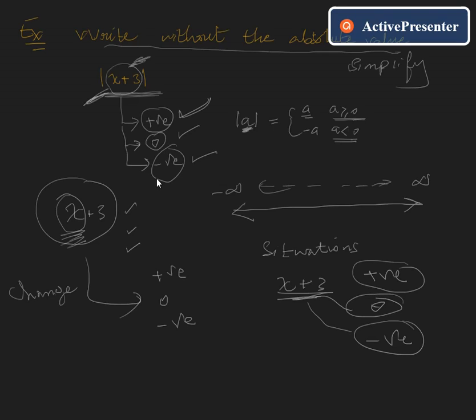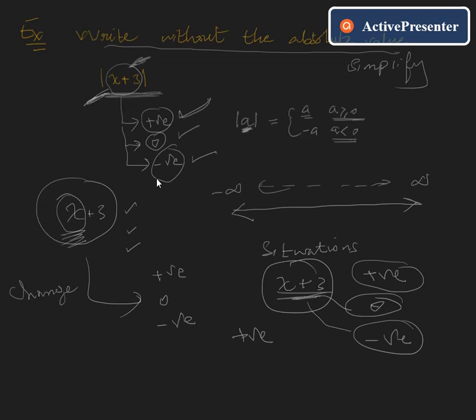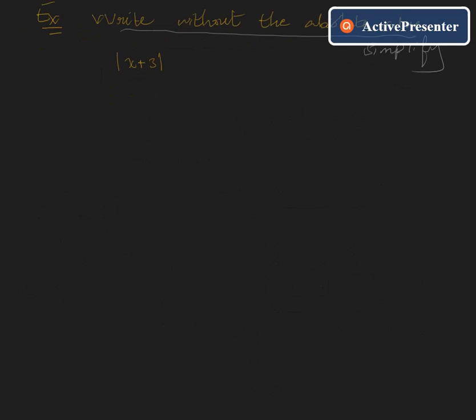We would like to know exactly what values make this expression positive, 0, or negative. Again, back to our question, we have to know in which cases we have positive, 0, or negative for this expression x plus 3.